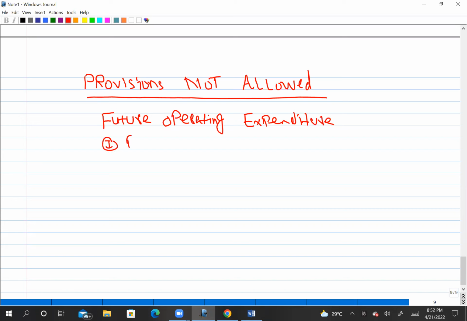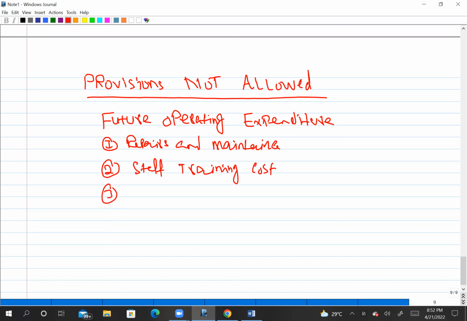For example, provisions are not recognized for repairs and maintenance, for staff training cost, or to update the assets.